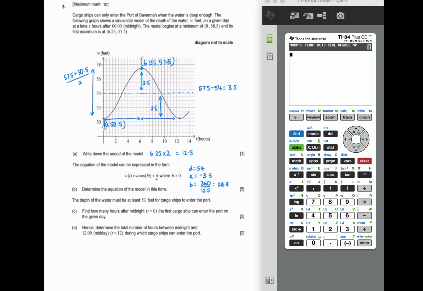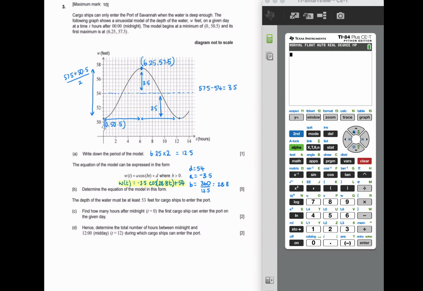So we now have what we think is the function, and we can write that out in full. W of t is equal to negative 3.5 cosine of 28.8t plus 54. So we think that is our final function.